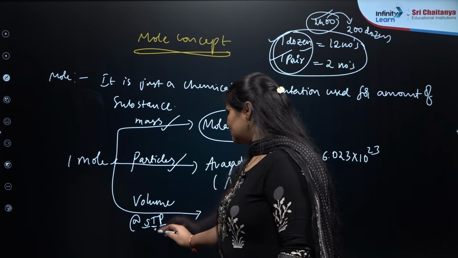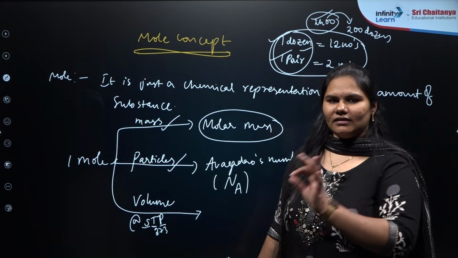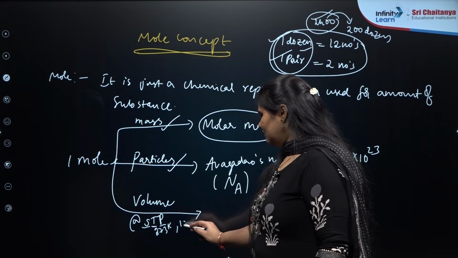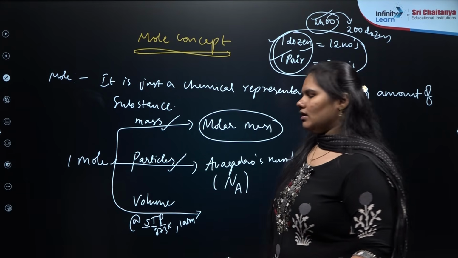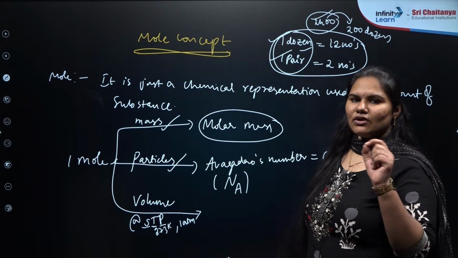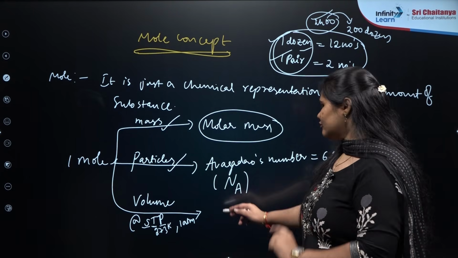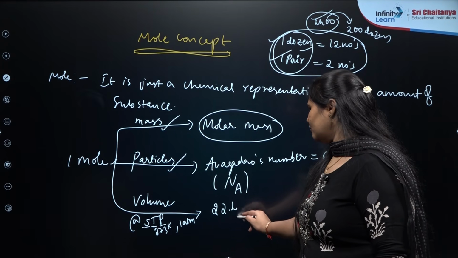How much are its values? Either they will mention in the question STP at the end, or they will mention 273 Kelvin, 1 atmosphere or 1 bar pressure. Anything will be mentioned. Without that specification of STP or these specific temperatures and pressures, we should not use this value, which is that 1 mole is 22.4 liters.